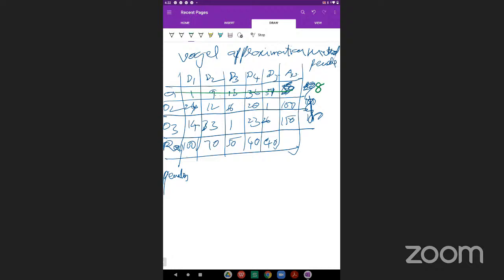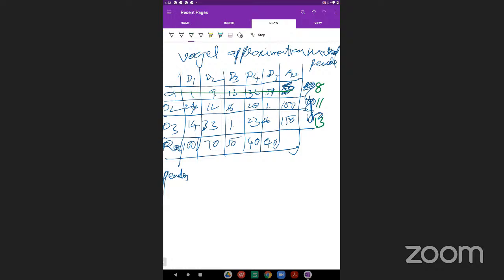That is called the penalty for that row. In the next row also the least is 1, the next least is 12, so the penalty is 11. Next is origin 3. Least is 1, next least is 14. So the penalty is 13.